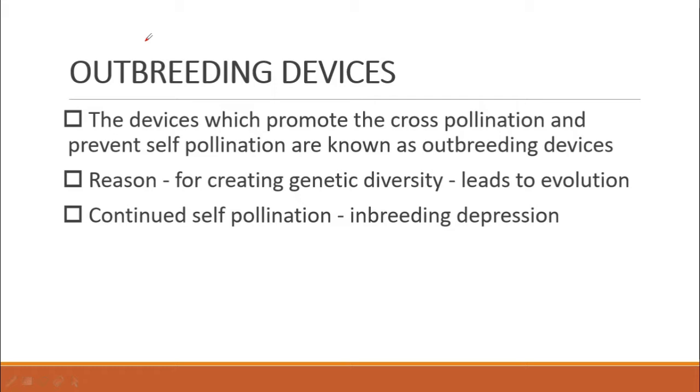So that is why inbreeding depression is a very important problem in continuous self-pollination. So we all know now why nature itself favors outbreeding as compared to inbreeding.